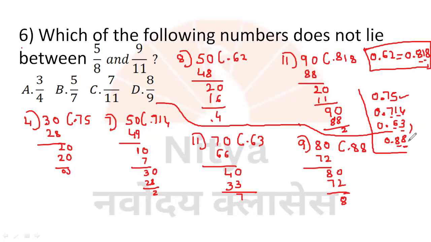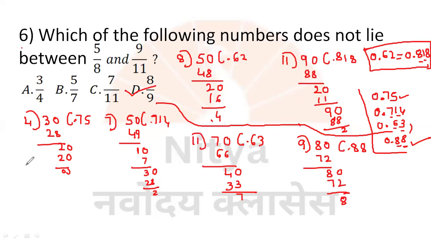So this is larger than this number; 81 is smaller than this number. So the option which does not come here is this one, 0.88. It means that the value is 8 by 9. Option D. This fraction does not come between 5 by 8 and 9 by 11.